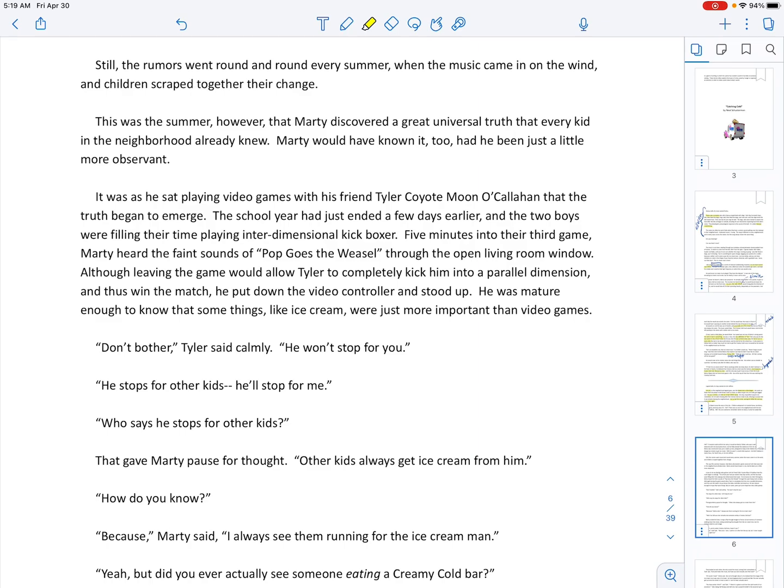The school year had just ended a few days earlier, and the boys were filling their time playing Interdimensional Kickboxer. Five minutes into their third game, Marty heard the faint sounds of Pop Goes the Weasel through the open living room window. Although leaving the game would allow Tyler to completely kick him into a parallel dimension and thus win the match, he put down the video controller and stood up. He was mature enough to know that some things, like ice cream, were just more important than video games.